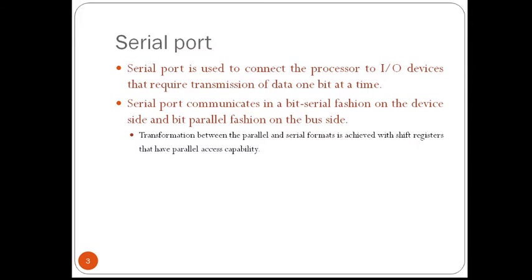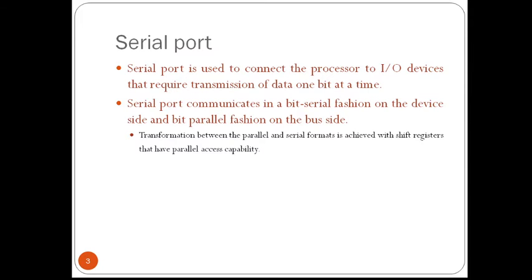Bit serial fashion means bits will be sent serially, that is on the device side, but it will be bit parallel fashion on the bus side. Bit parallel is nothing but bits will be sent parallelly. Bit serial is nothing but bits will be transmitted serially.